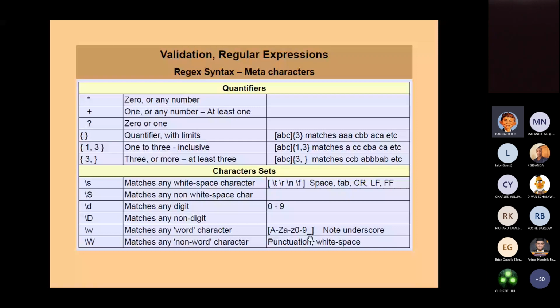So a word character, lowercase w, is any upper or lowercase alphabetic character, digits 0 to 9, plus the underscore. Then the capital W matches any non-word character, and that's things like your punctuation marks, your special characters, and the white space characters.